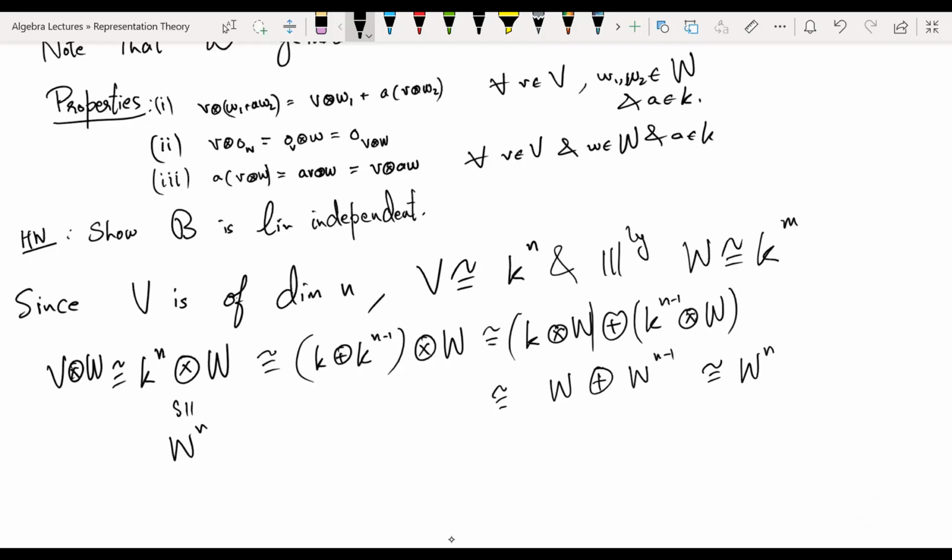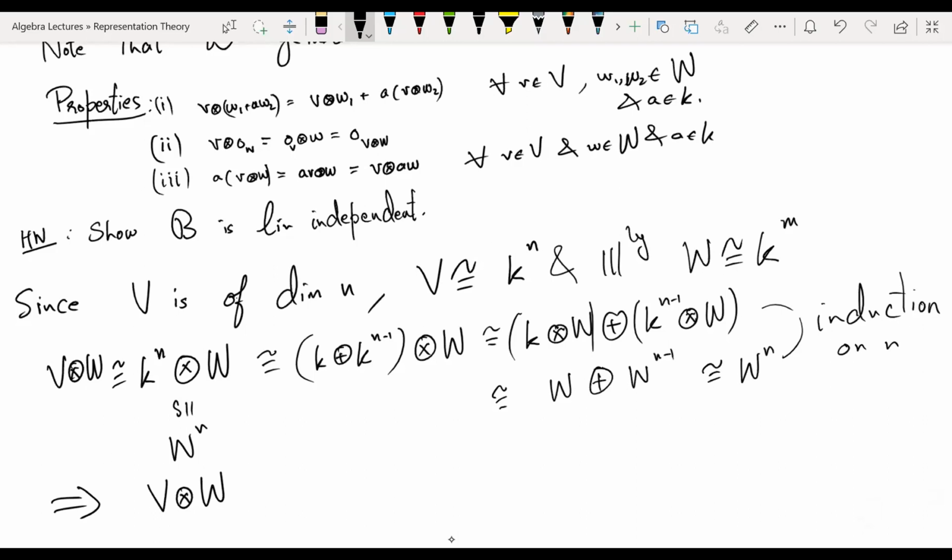So this implies V tensor W, here I'm also using induction on n.